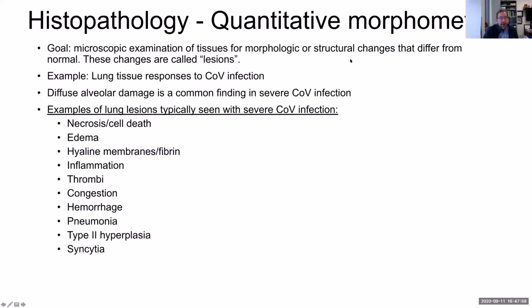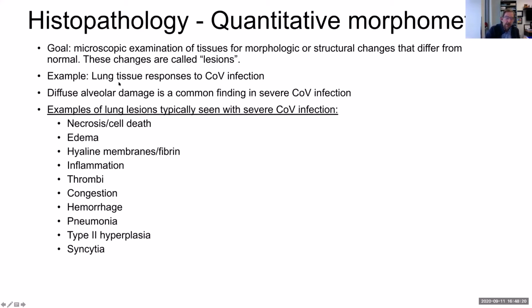And then another thing that I think adds rigor to your evaluation of the outcome of your studies in these models is to do some quantitative assessment of the histopathological changes. So what you're looking for are different kinds of lesions that occur.